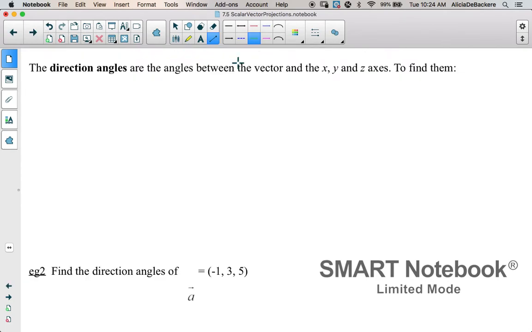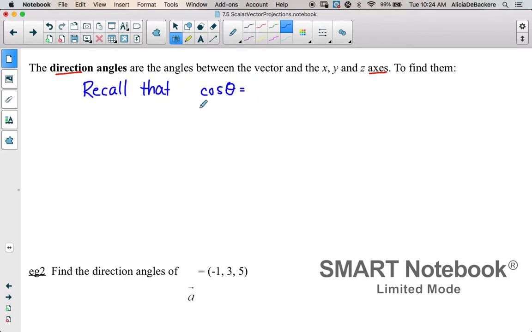Okay, so next we're going to talk about the direction angles, and sometimes they call them the direction cosines, between a vector and the x, y, and z axes. They're called direction angles because they tell me the direction along the axes. So to find these direction angles, I'm going to remember that I can reorganize my dot product formula into this format here.